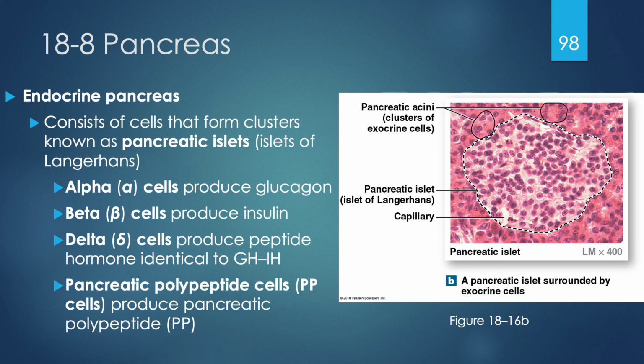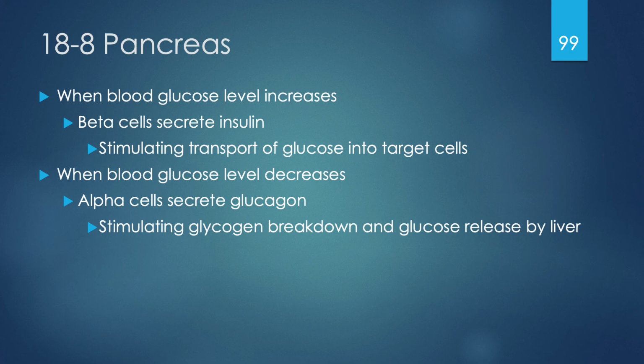The alpha cells are responsible for producing glucagon, whereas the beta cells produce insulin, which is obviously very important and has a lot of application in diabetes. The delta cells produce peptides that are pretty much identical to growth hormone inhibiting hormone, and pancreatic polypeptide cells will produce pancreatic polypeptide.